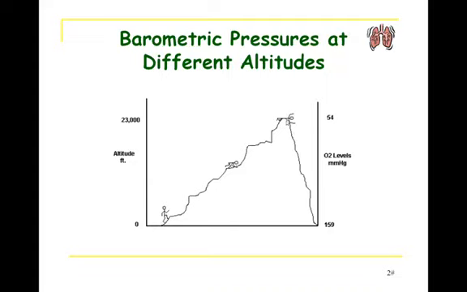The biggest issue we will encounter because of the drop in barometric pressure is the low level of oxygen that we breathe in, which results in hypoxia. And we'll be discussing some of the effects of hypoxia.